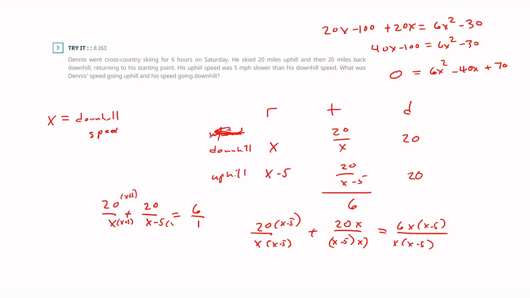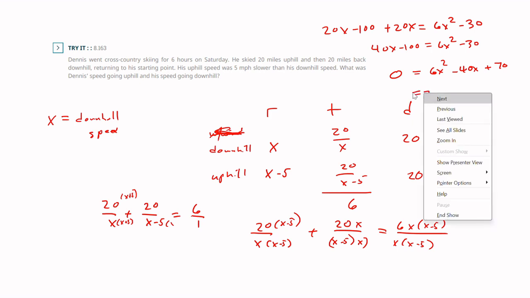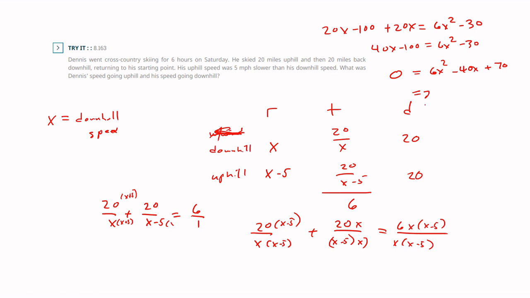Well, this actually has a GCF. That helps. So I can take out a 2. Pulling out a GCF of 2, I'd have 3x squared minus 20x plus 35. Okay, all that equals 0.